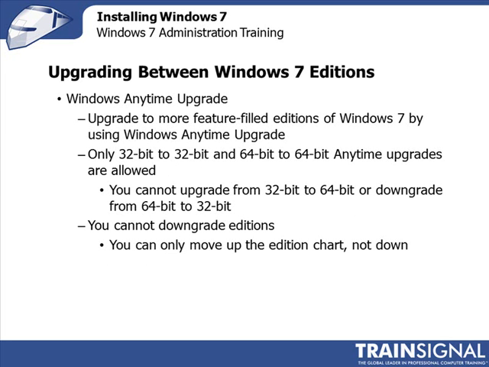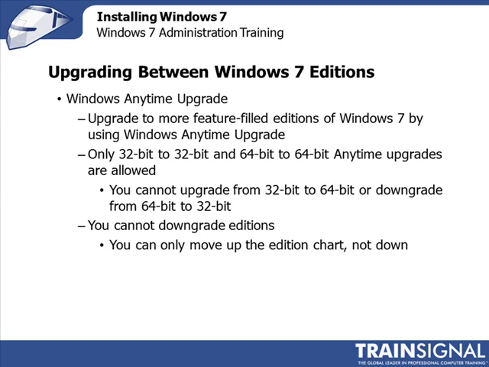For many Windows 7 editions, Microsoft also makes it easy to move between Windows 7 editions using what's called the Windows Anytime upgrade. For example, you may want to upgrade from Windows Home Premium to Windows Ultimate in a particular scenario. You can upgrade to these more feature-filled editions of Windows 7 on the fly. Again, just like as is the case when you move from Windows Vista to Windows 7, you can't do a 32-bit to 64-bit installation through an Anytime upgrade.